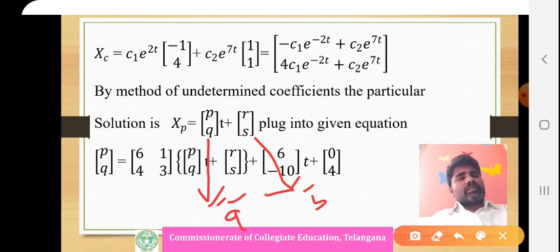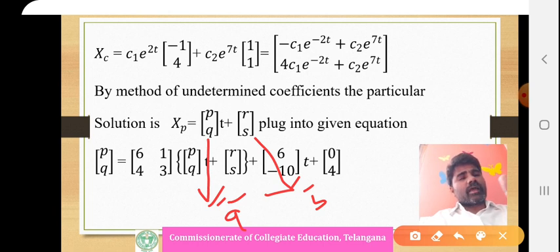Whenever the term is e power t, the derivatives are e power t only, so the particular solution will be some vector p into e power t. And if it is a trigonometric function sin t or cos t, then some vector a bar into cos t plus some vector b bar into sin t, and the constant term will come as usual.